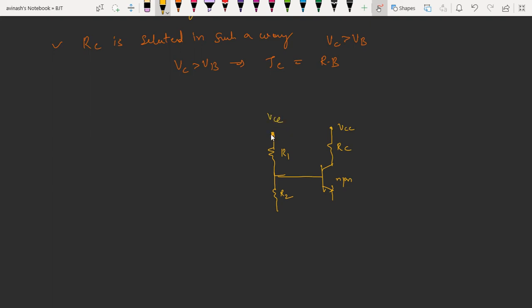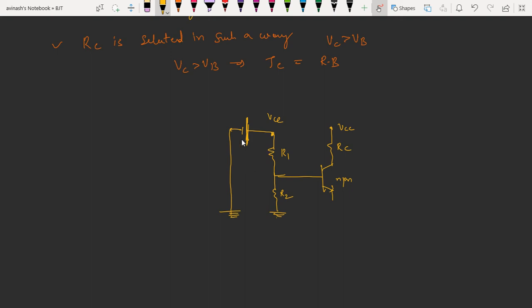Yes or no? This collector voltage positive is given to this. This negative is connected to what? Ground. This ground means these two are same.